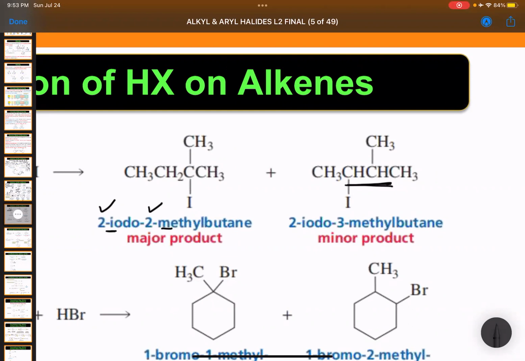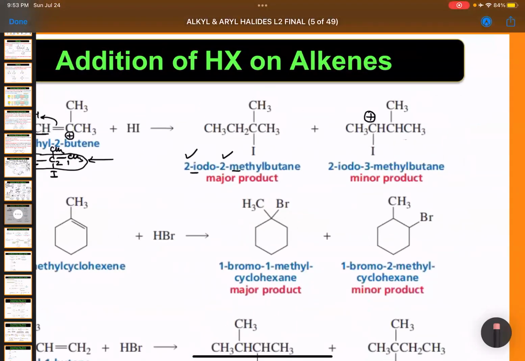This is going to form when you have created a plus charge on the secondary carbon, and this is going to be less stable as compared to the tertiary, because it is outside and it has less branching. Less number of alpha hydrogens, less hyperconjugation. So this is the anti-Markovnikov product. So this is going to be the minor product. Is it clear? Yes, sir.